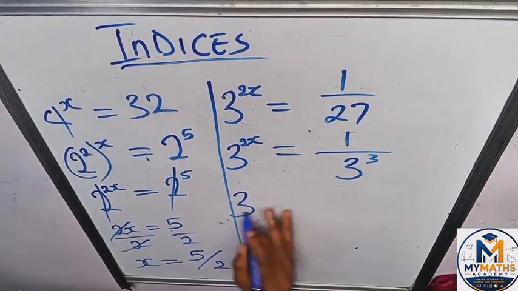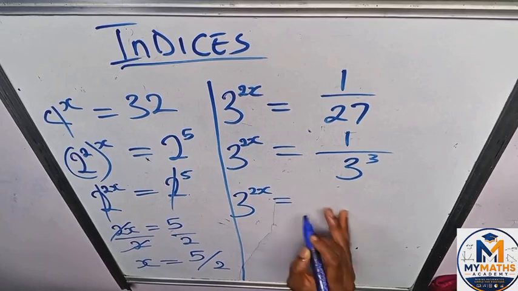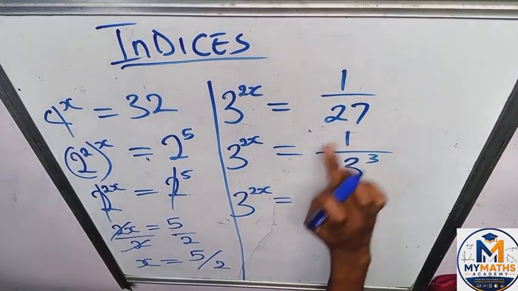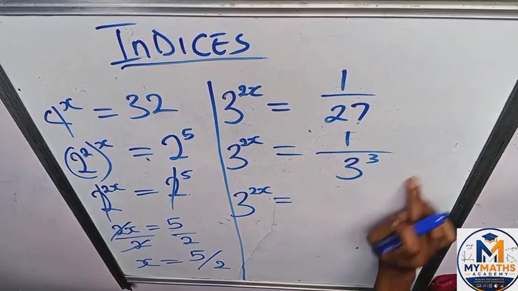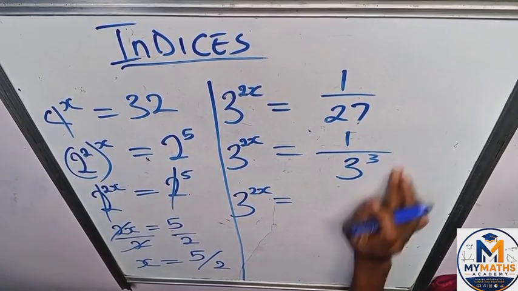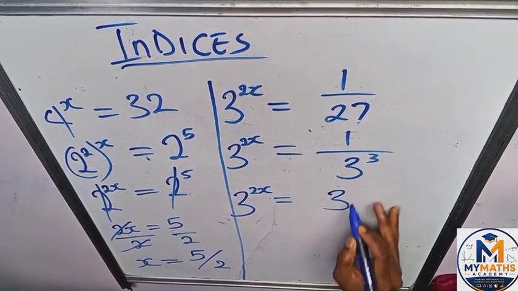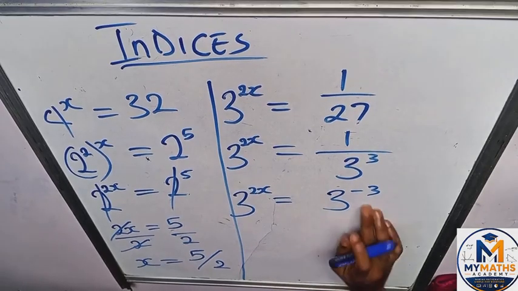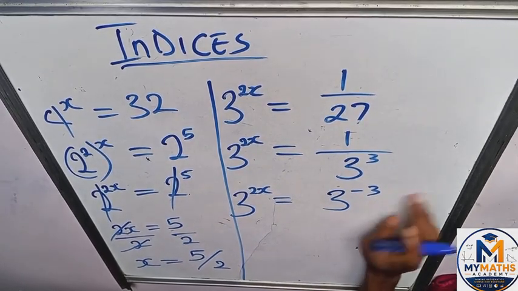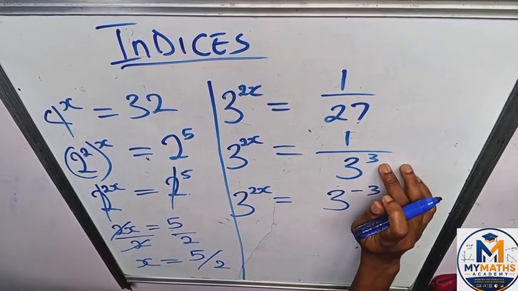Now I'm going to remove this fraction and put it in an inverse form. So it's going to be 3 raised to power minus 3. 3 raised to power minus 3 is the same as 1 over 3 raised to power 3.